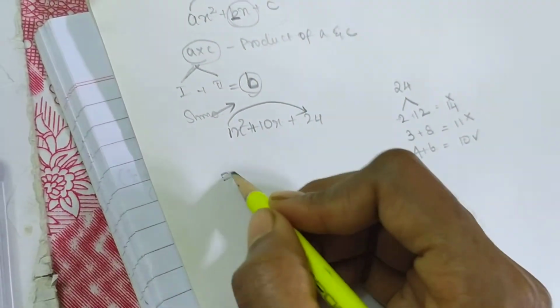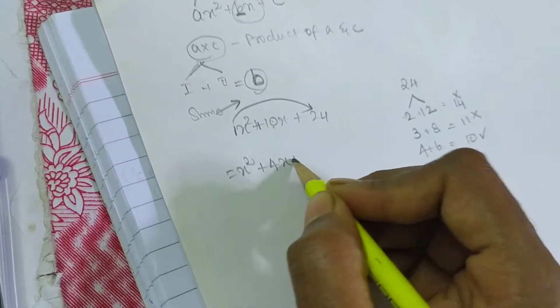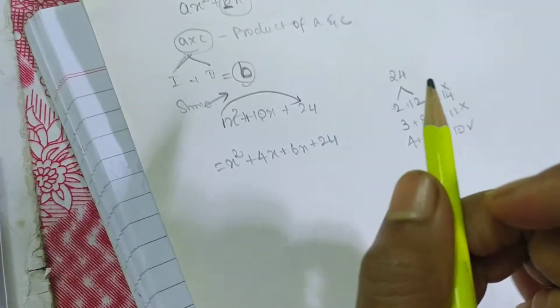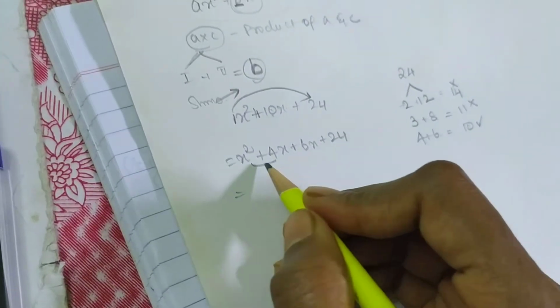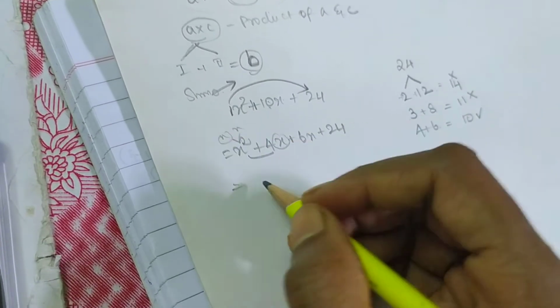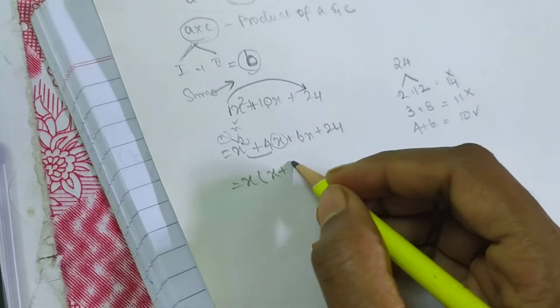So I can write x square plus 10x, and I can split it as 4x plus 6x plus 24. If everything is positive, the addition should be positive. So in this place I take x common, so the balance is x plus 4.